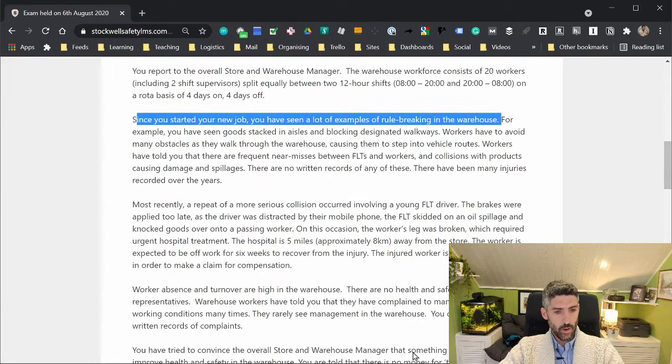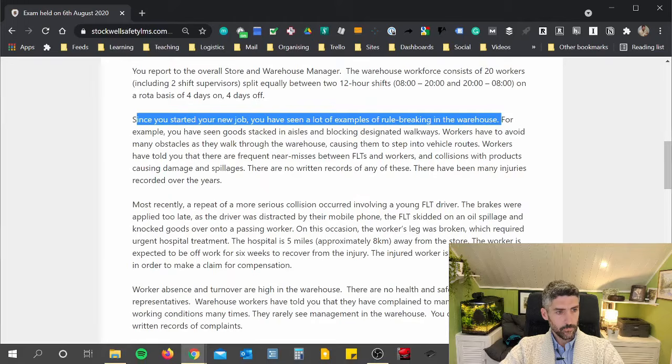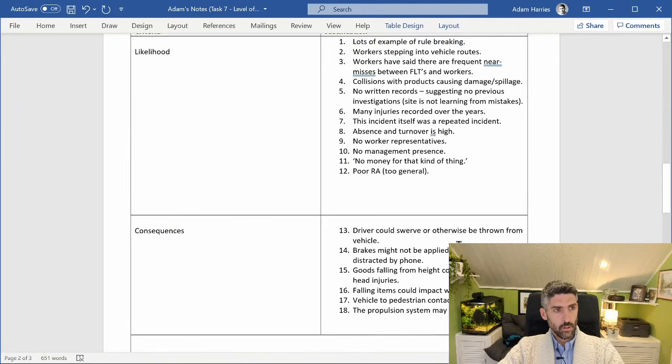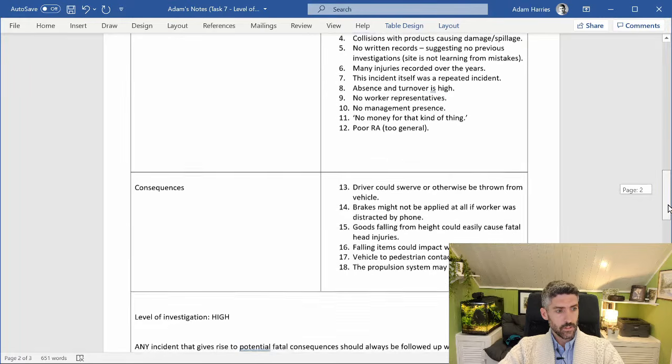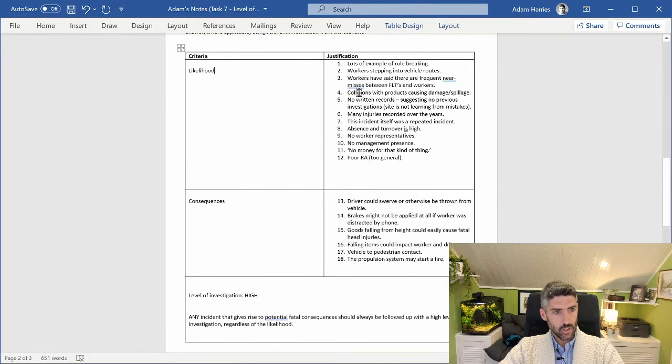So what I would end up with at the end of that process, and obviously do the same for the consequence as well, would be something like this. So all of those things, 12 of them, are what I would be justifying my decision to put likelihood as being certain based on those points from the scenario.